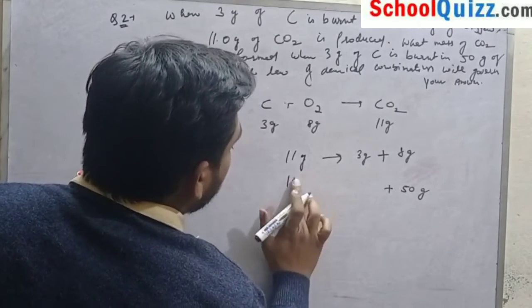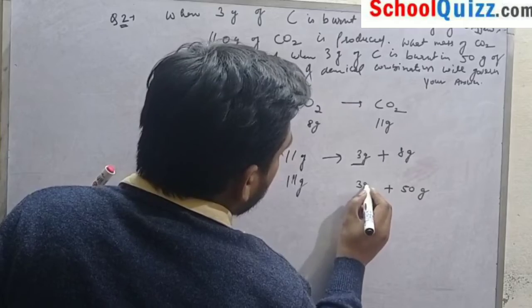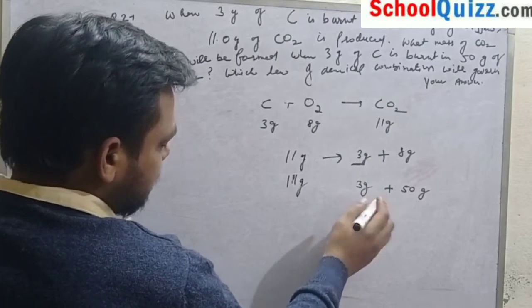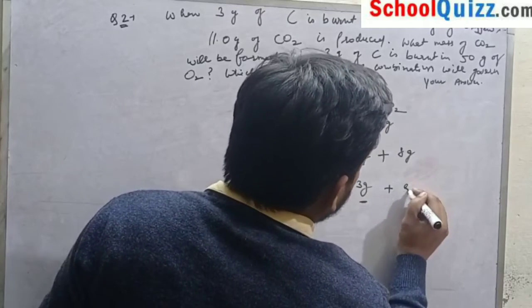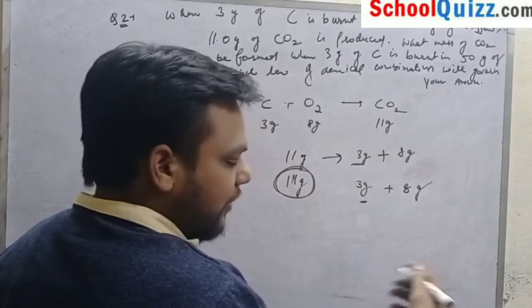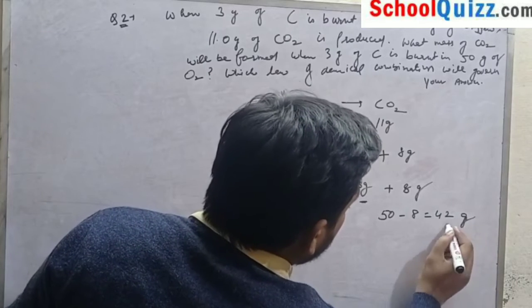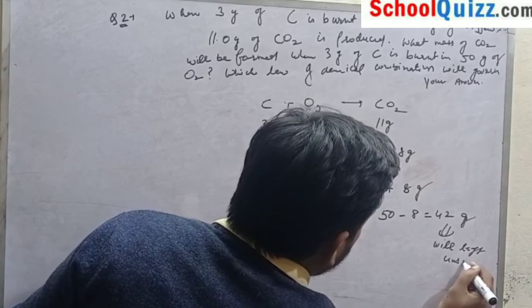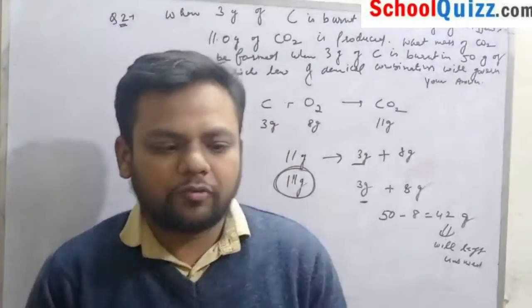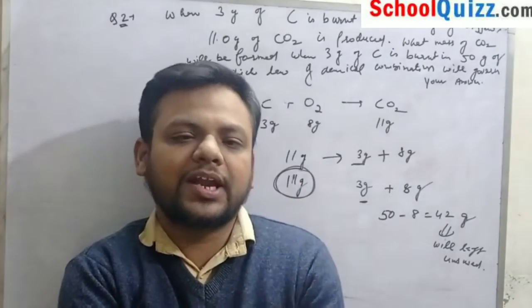If we have only 3 gram of carbon to produce 11 gram, then only 8 gram of oxygen will be used and the rest will be left behind, like 50 minus 8 equal to 42 gram. 42 gram of oxygen will be left unused, because we want to produce just 11 gram of carbon dioxide, and it is producible from just 3 gram of carbon and 8 gram of oxygen.